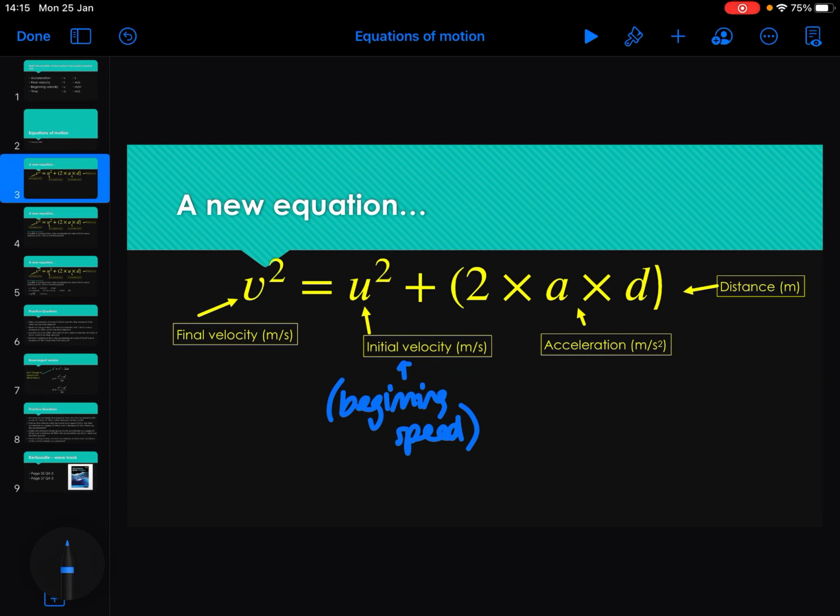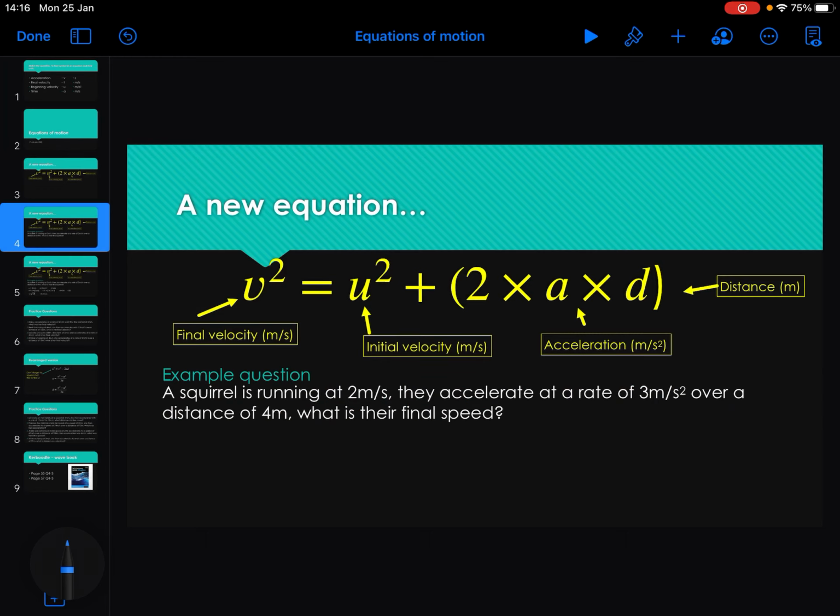Acceleration, distance, that's absolutely fine, isn't it? So if I wanted to work out the final velocity, I'd need to do so V, because notice that's V squared on the top left hand side, would be the square root of all of it. So U squared plus 2AD. Now you might be thinking, what? Get it written down, get your unit labels, and we'll go through a practice question.